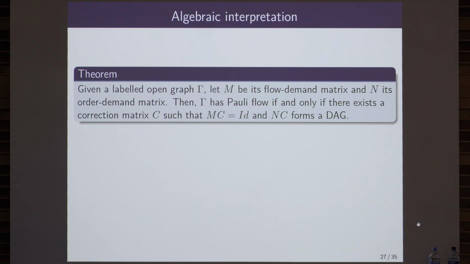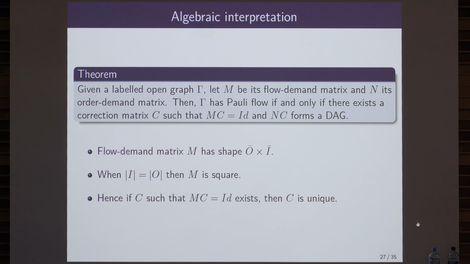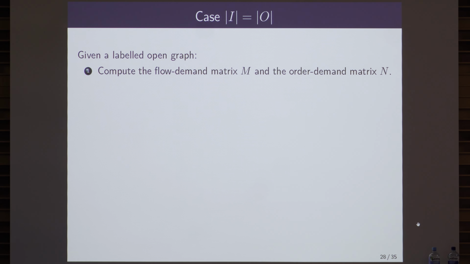What I mean by that is, the flow demand matrix has a shape that is non-outputs by non-inputs. It doesn't exactly matter why. What matters is that this matrix is square when we have an equal number of inputs and outputs. And when the matrix is square, if it has a right inverse, that right inverse is just its inverse in general. So if it exists, it's unique. And that gives rise to a very, very short algorithm for finding polyflow.